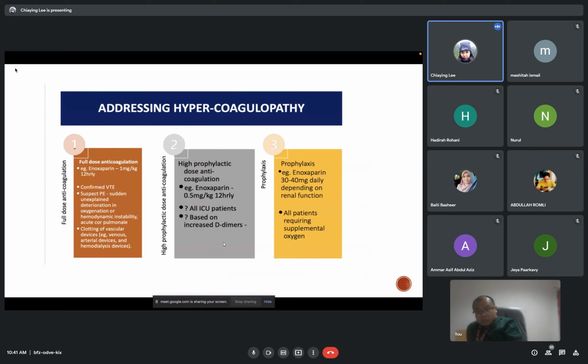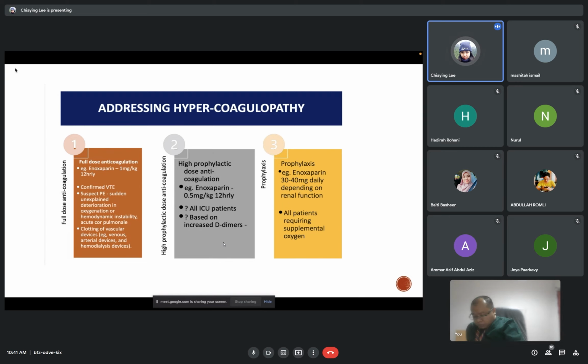Okay, so moving on to anticoagulant, we essentially give either prophylaxis dose or treatment dose to all the patients. So if the patient requires supplemental oxygen, we need to give prophylaxis dose.